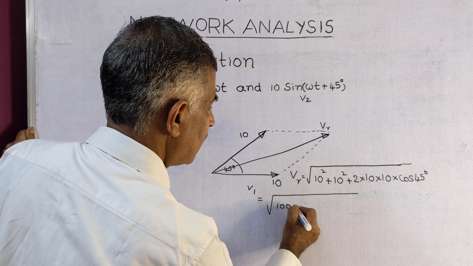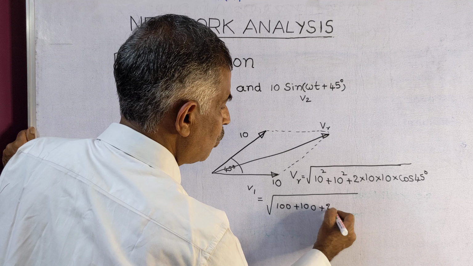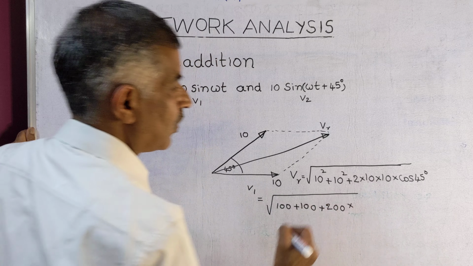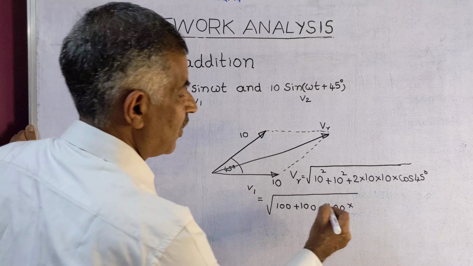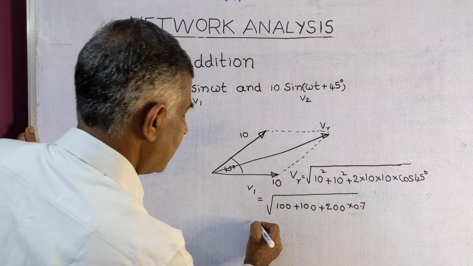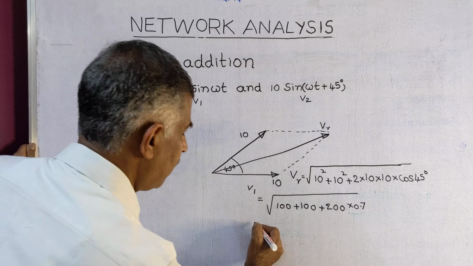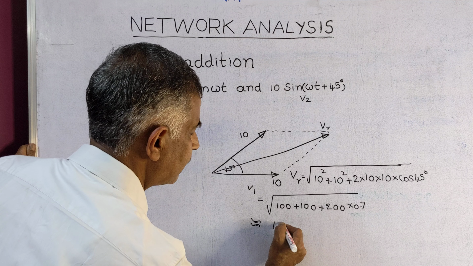So 100 plus 100 plus 200, and cos 45 degrees is 0.707. If you calculate this, it comes roughly around 18.